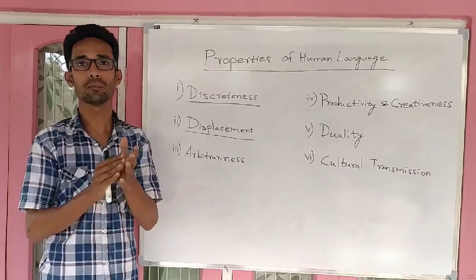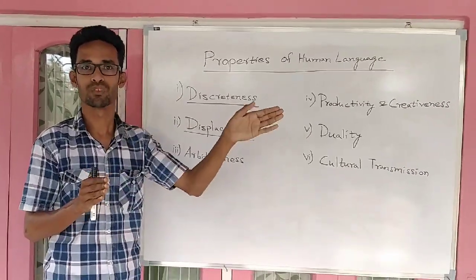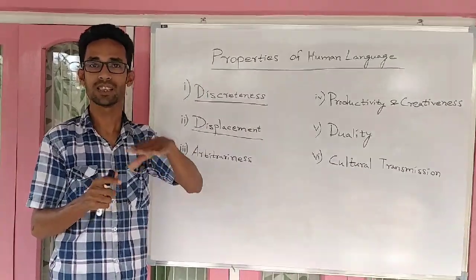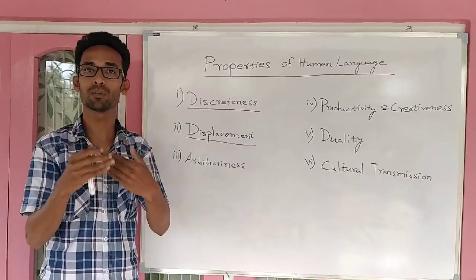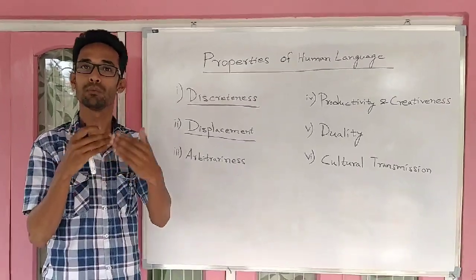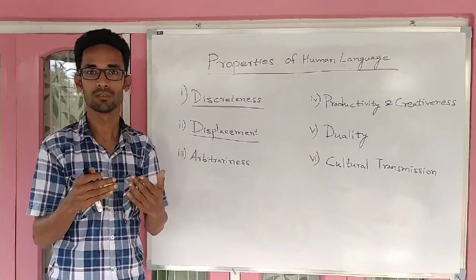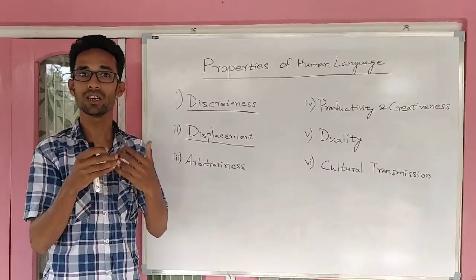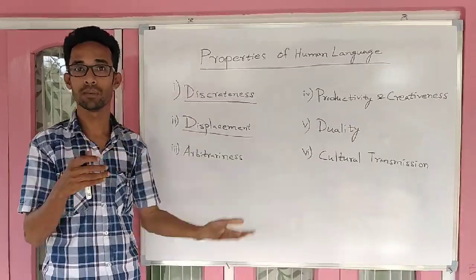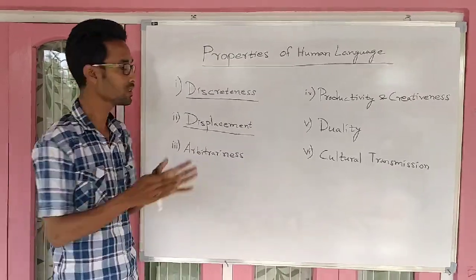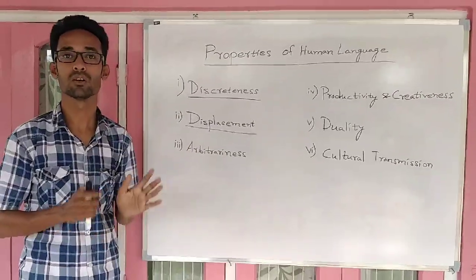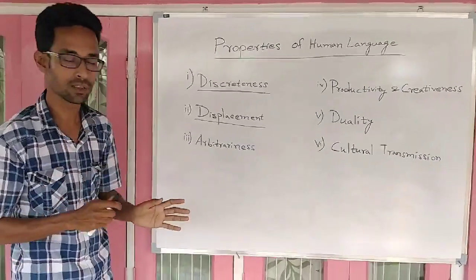They cannot talk about a remote thing, but human language is able to talk about remote things with the help of expressions, with the help of manipulation of articulation. And that is why we are able to speak about a person in America sitting in India at our home. This is the displacement feature of human language.